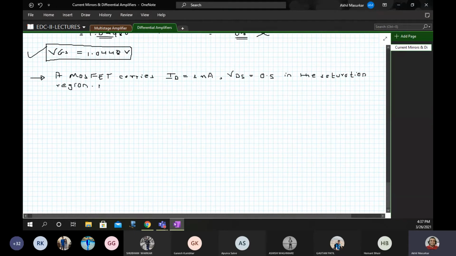So determine ID if VDS rises to 1 volt. Here it is 0.5, here it is 1 volt, and lambda is 0.1.